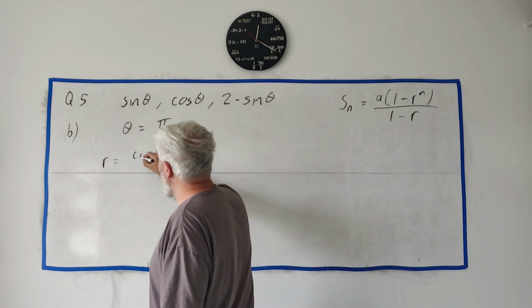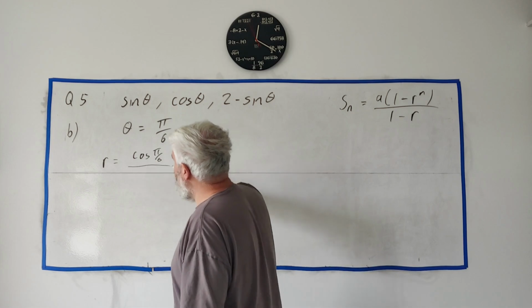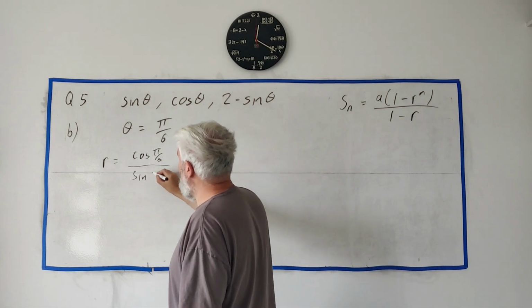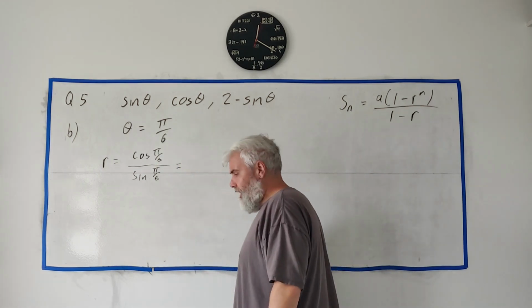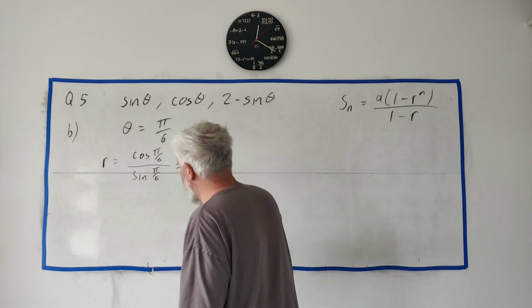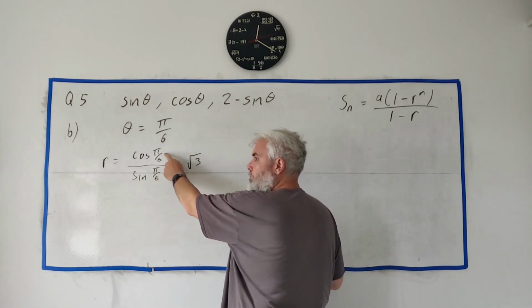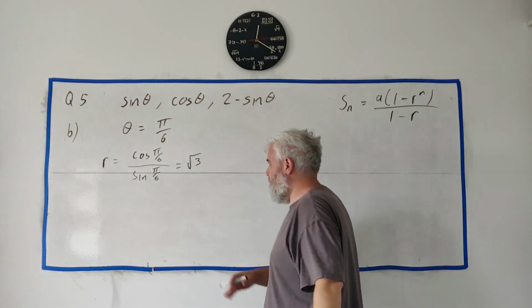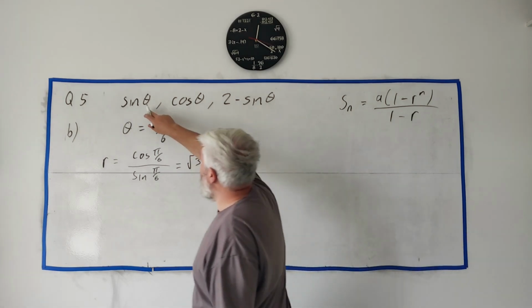r is equal to cosine theta, pi over 6, divided by sine theta, pi over 6. And you can go ahead and put that in a calculator. It is equal to square root of 3. This is a half, and this is a square root of 3 over 2. The halves cancel, and we're left with square root of 3. So in fact I can rewrite all of these.